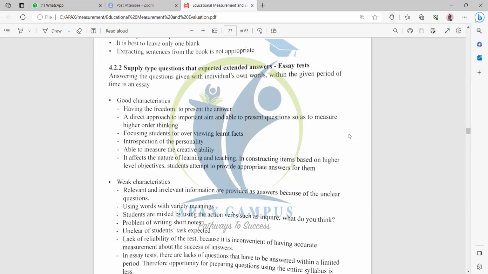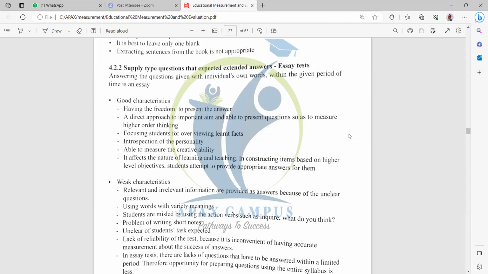So these questions allow them to do so. They can think and write. If there's some additional knowledge they have gathered from somewhere else, they can add it in their answers. Right? So focusing students on overweaving learned facts, that's a good thing.